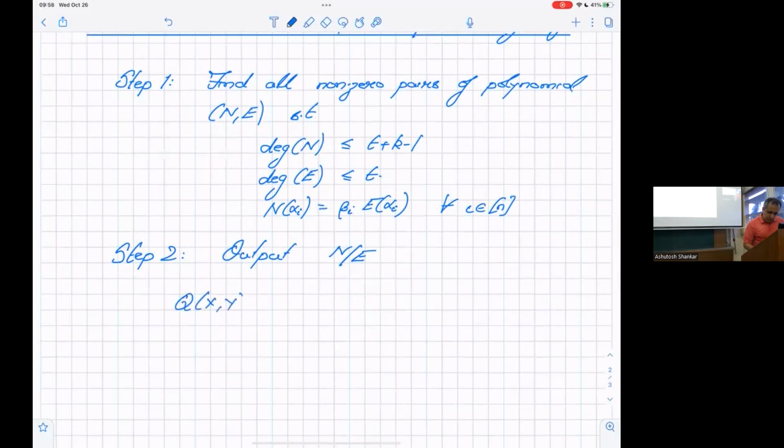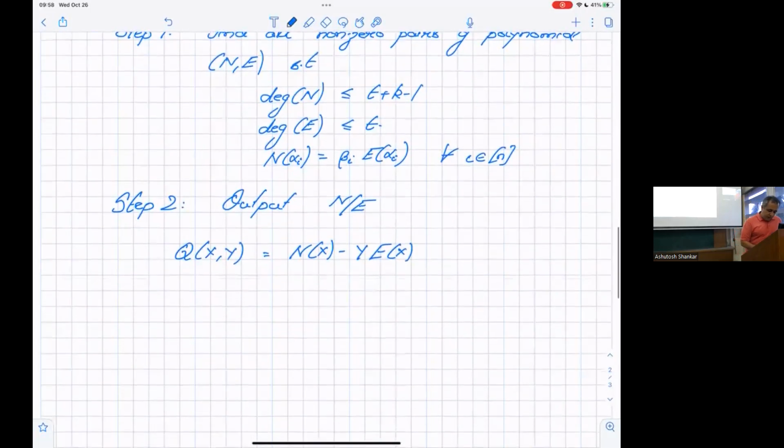If you look at this polynomial Q(x, y), which I define to be N(x) minus y times P(x), what are we stating? We are stating that any p that is a valid solution is a root of this form: Q(x, p(x)) is identically zero.